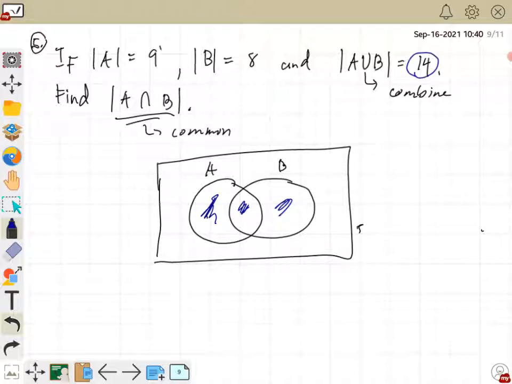But if we add 9 and 8, that's over 14. It becomes 17, and we only have a total of 14.